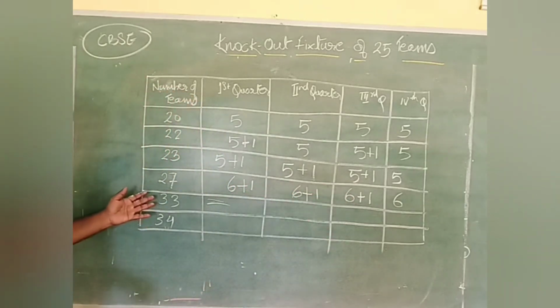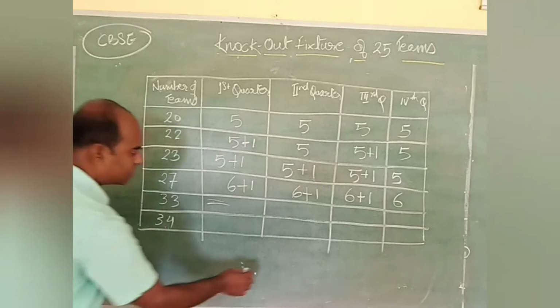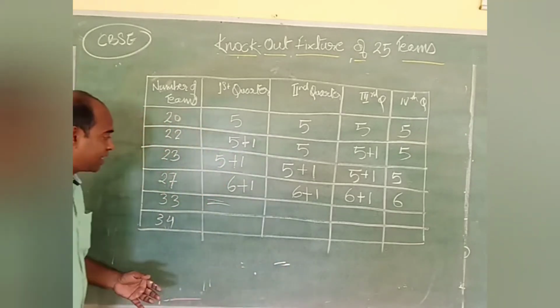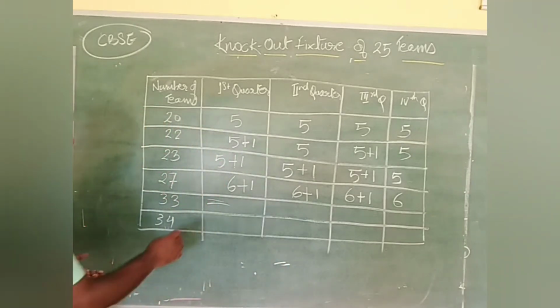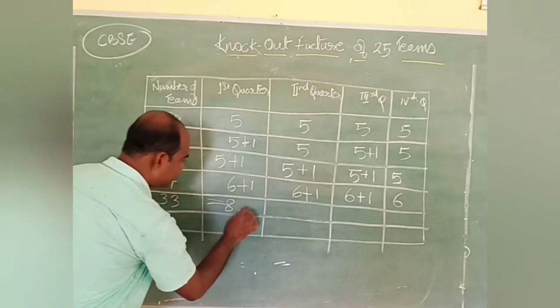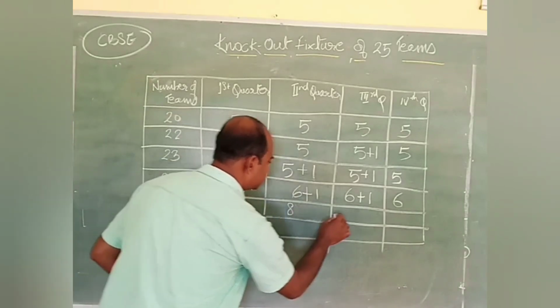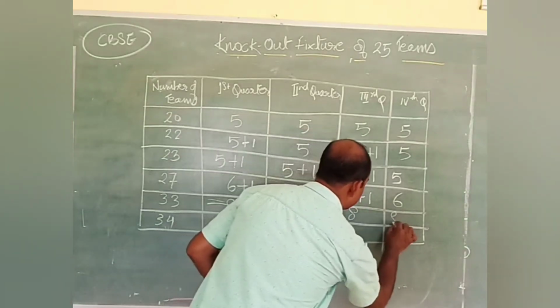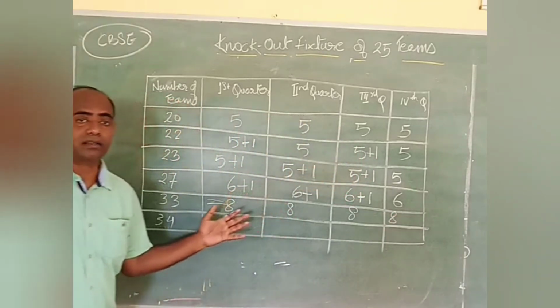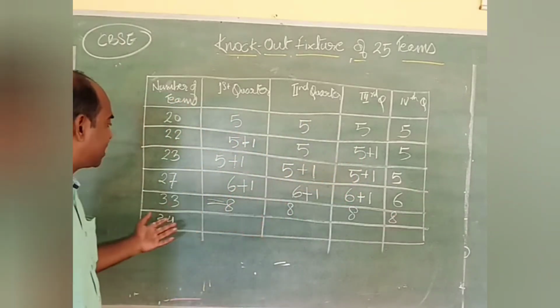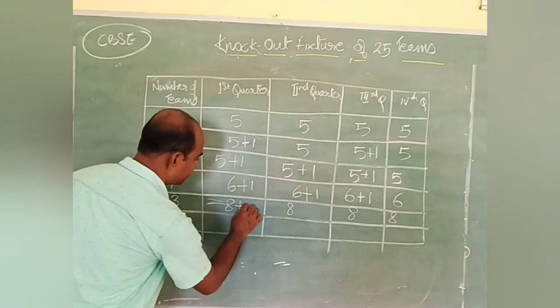Now if the number of teams is 33, then you can take 8 in each quarter, and the remainder is only 1. So 1 team will be placed in the first quarter.